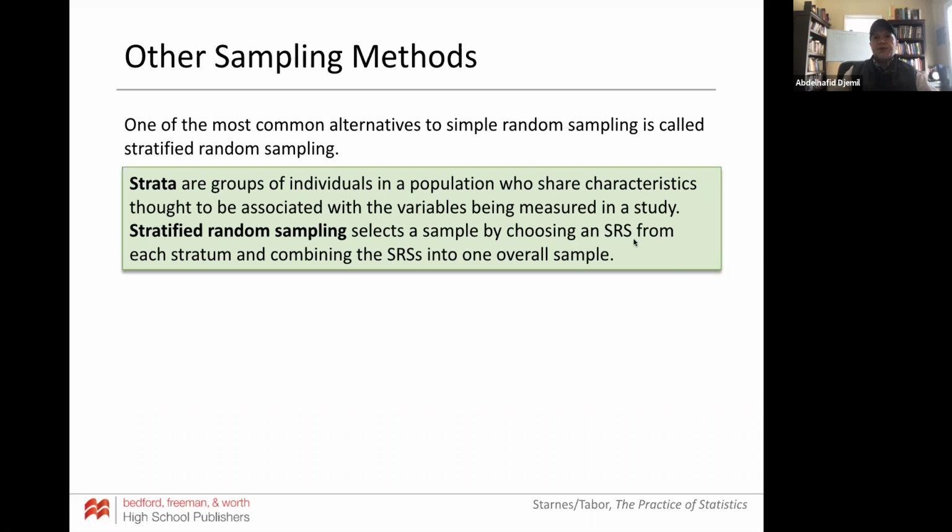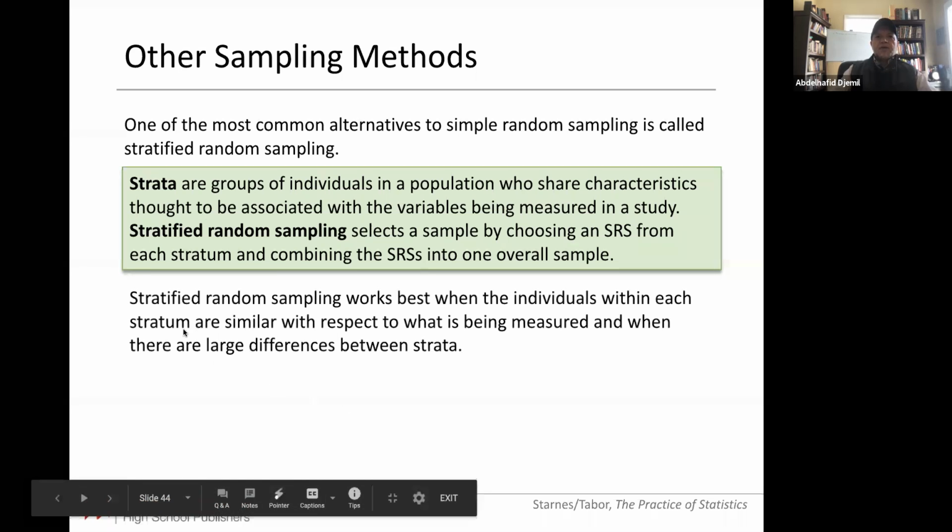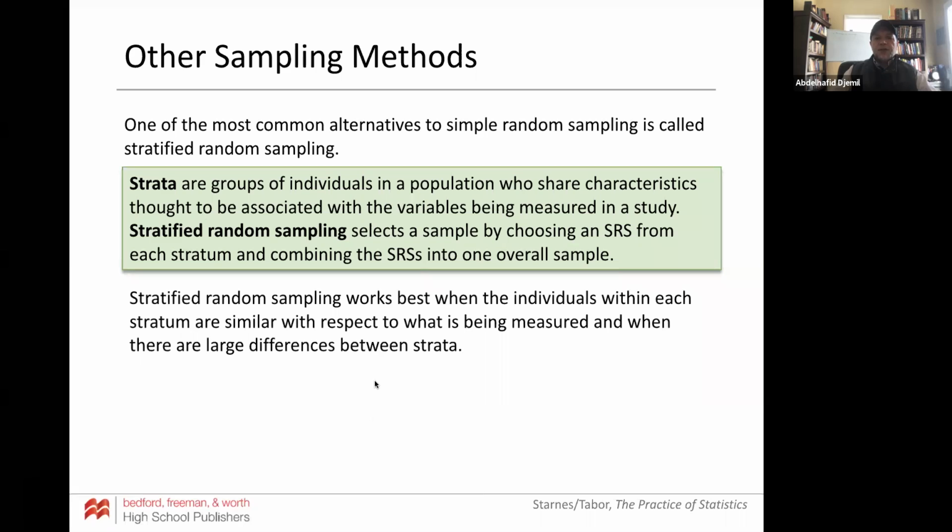We select the sample by choosing an SRS from each stratum and combining the SRS into one overall sample. So stratified random sampling works best when the individuals in each stratum are similar with respect to what we want to measure, whether it is language, religion, or income, whatever it is. The people of the strata should share something similar.